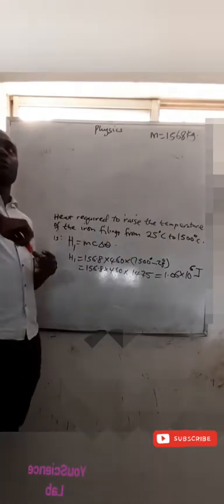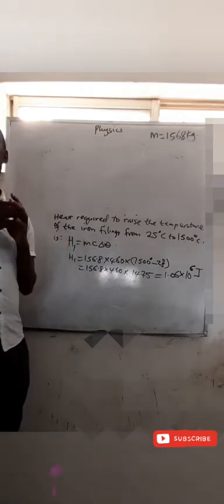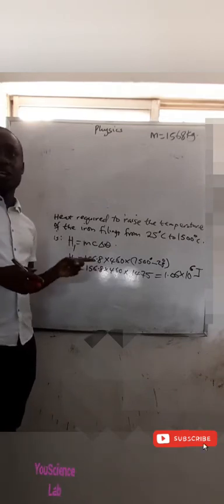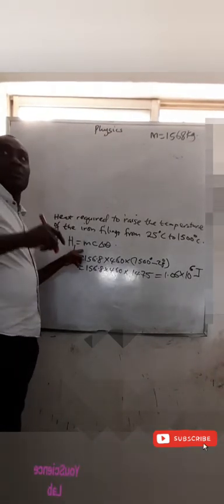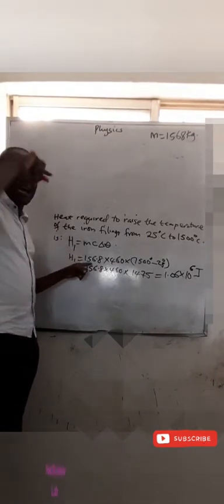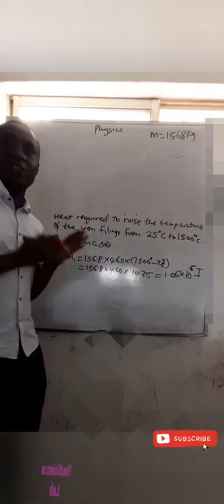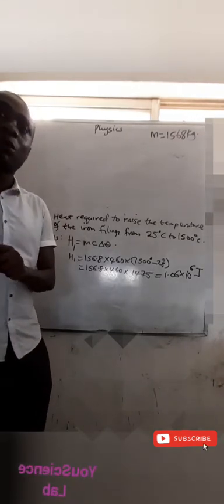Now the next thing we have to look at is the total heat required to melt this mass of the iron, is that not? The heat required to melt it is the heat required to change it from a solid state to a liquid state without any temperature rise.